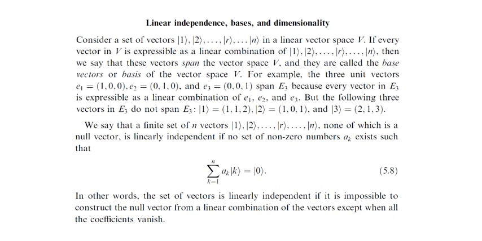Our unit vectors are an example of a linearly independent set of vectors. You can't express this unit vector in terms of the others. So such a set of vectors is called linearly independent if you can't express any one of them in terms of the rest n minus 1 vectors.